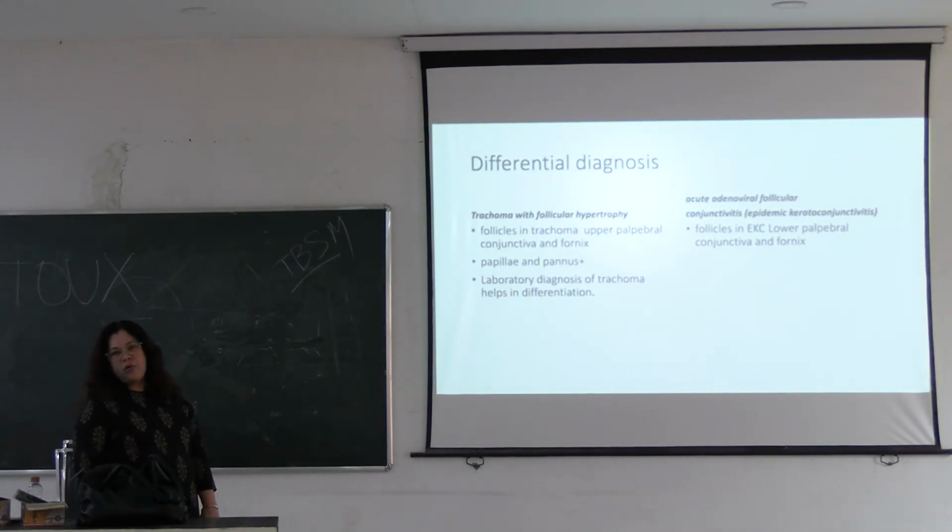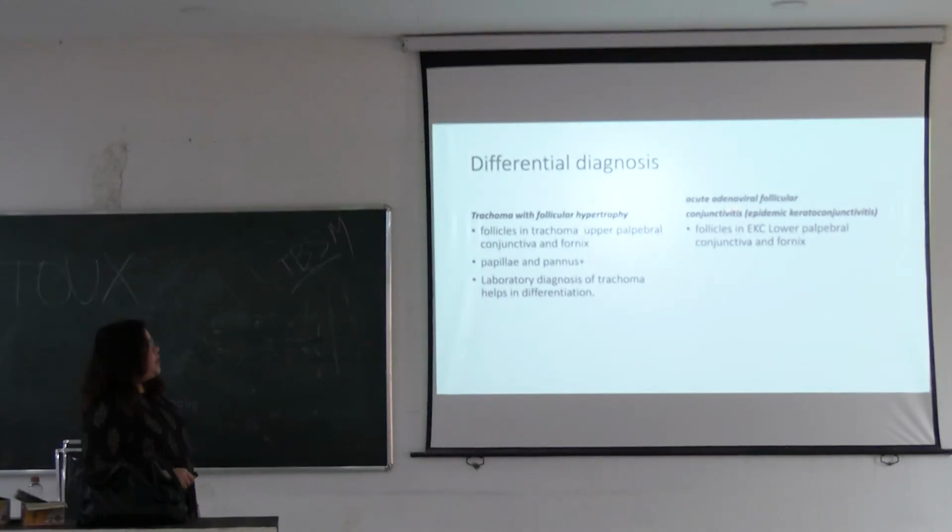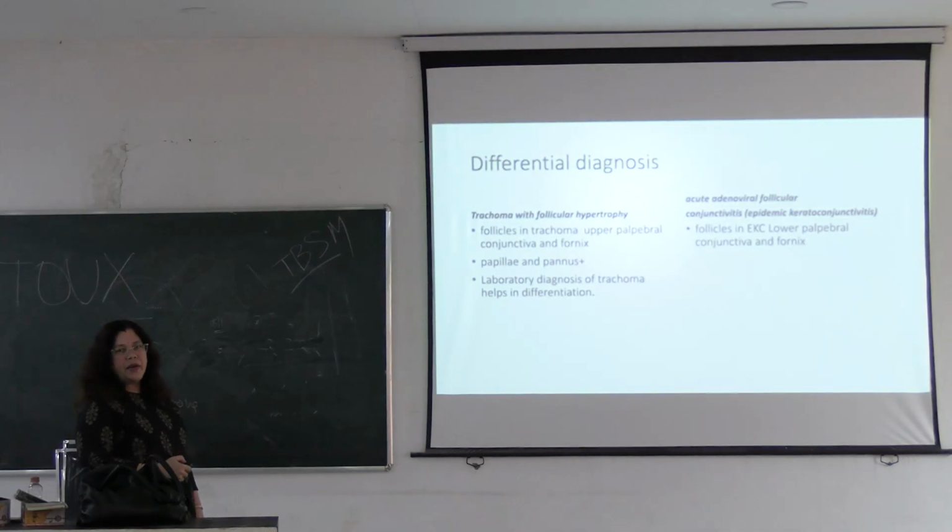Then Chlamydia trachomatis is differentiated from the other types of follicular conjunctivitis, which are having follicles. According to the follicular hypertrophy, it is differentiated from acute adenoviral follicular conjunctivitis. It is also called epidemic keratoconjunctivitis because it occurs in epidemic forms. In case of trachoma, follicles are present in the conjunctiva and the fornix of the upper lid only.